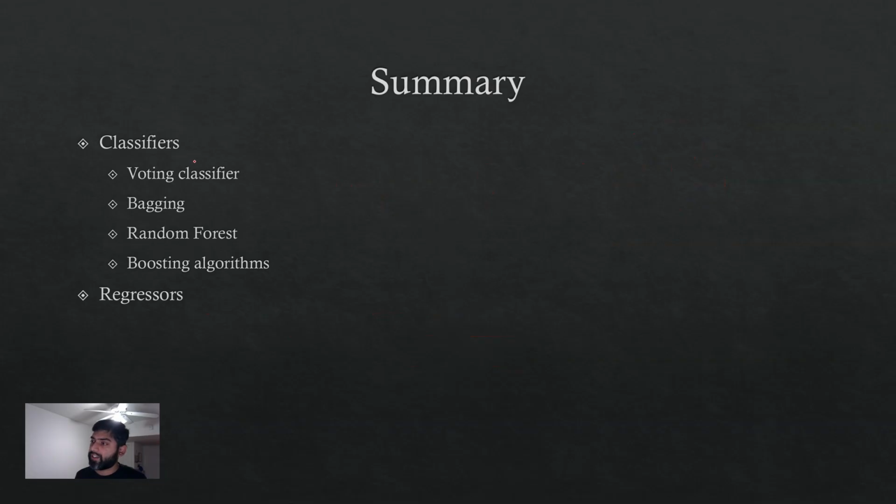Summary is we studied voting classifiers, what's bagging, what's random forest, and what's boosting algorithms. And the same idea we studied for the regressors. Voting classifiers could be hard versus soft voting. Bagging is the idea that you take different sub-patches from the data set and keep generating different algorithms, keep generating different predictions.